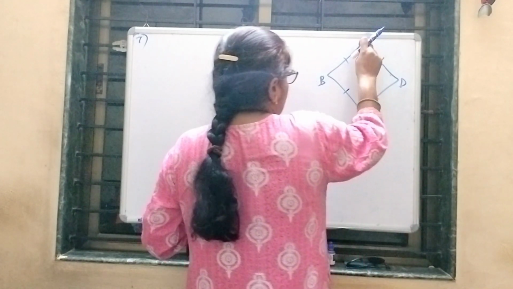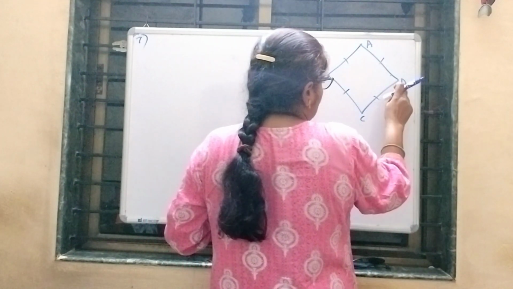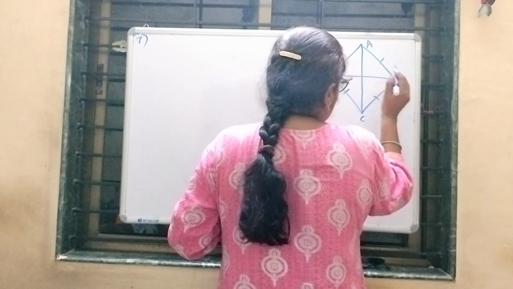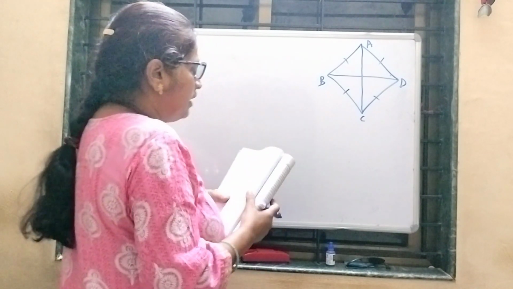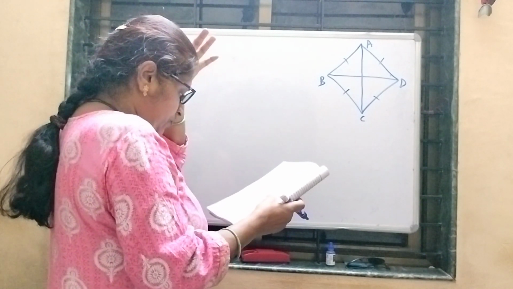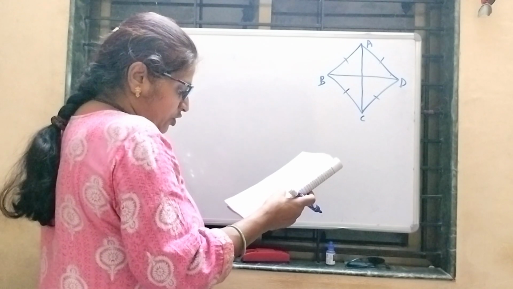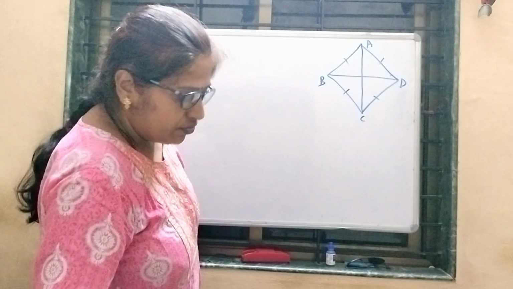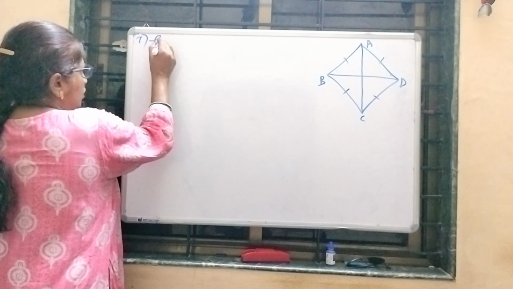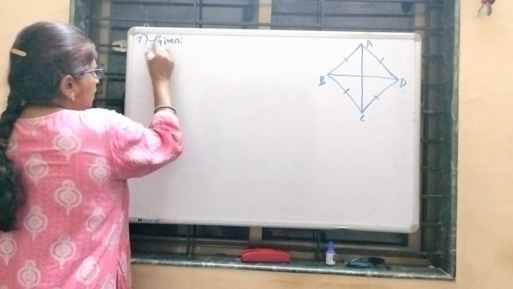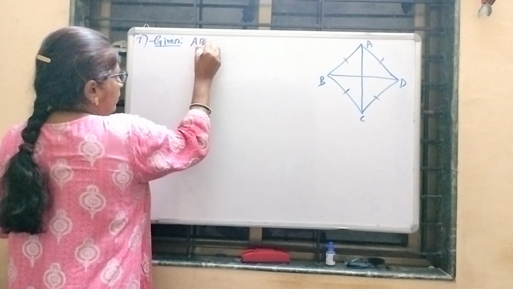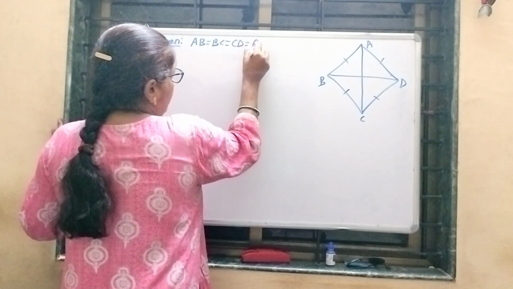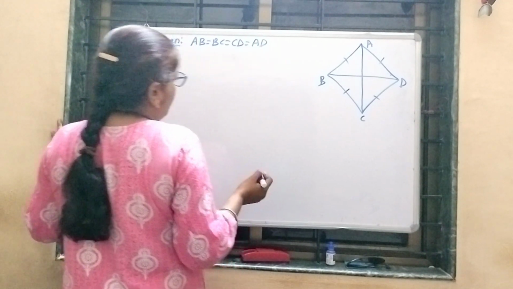Now what they tell here is AB square plus BC square plus CD square plus AD square is equal to AC square plus BD square. That is what is to be proved. Prove that the sum of the squares of sides of a rhombus is equal to the sum of the squares of its diagonals. First you write given, children. Given is ABCD, or you can write AB is equal to BC equal to CD equal to AD, because it is a rhombus.